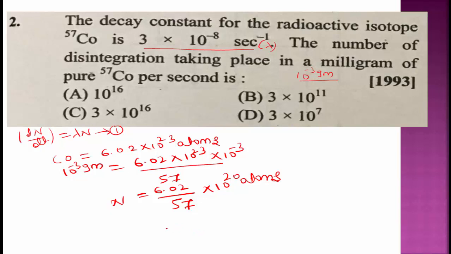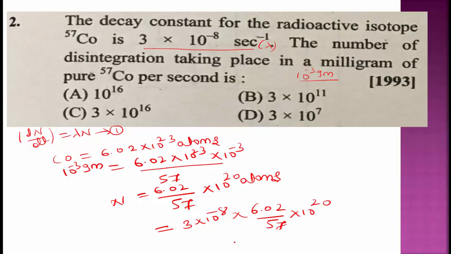From equation 1, substitute the lambda and N values. Lambda is 3 into 10 to the power of minus 8 per second into 6.02 divided by 57 into 10 to the power of 20.